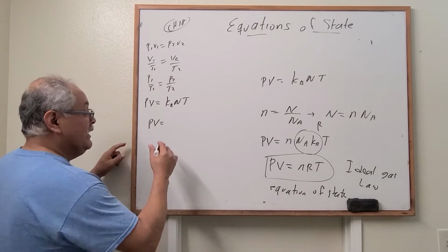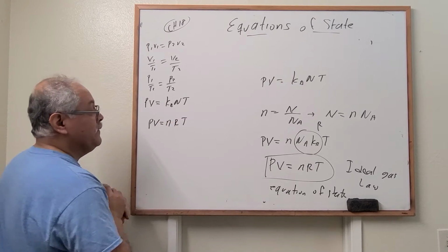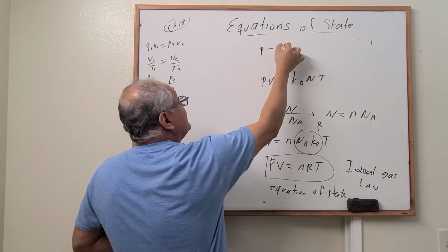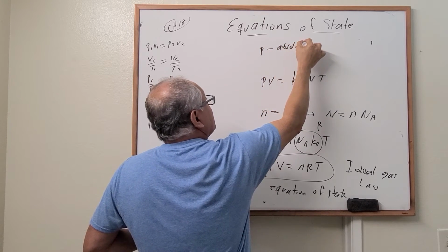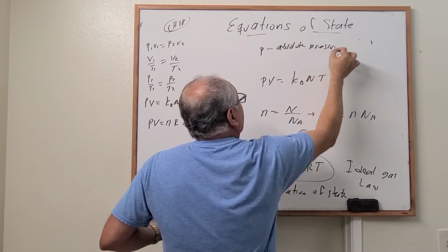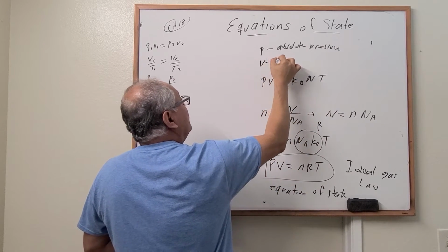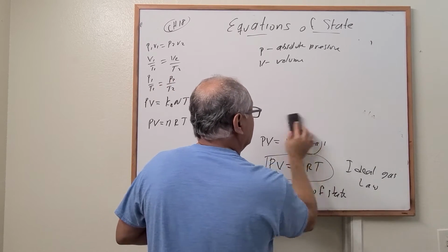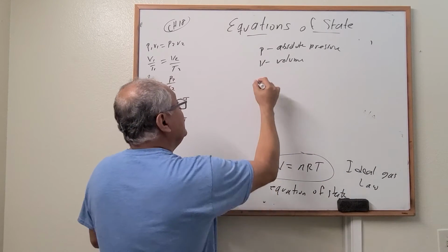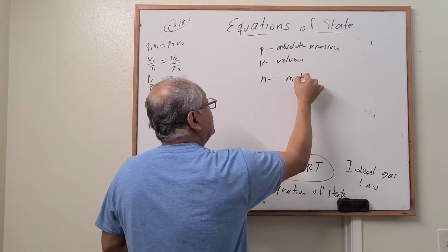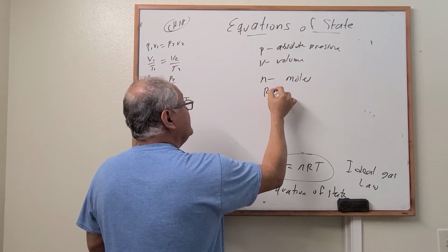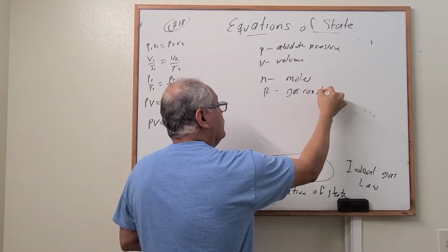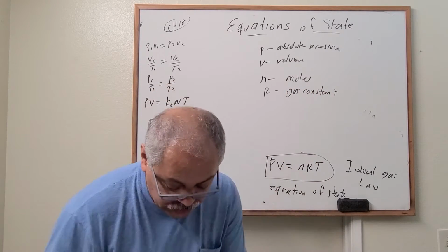In this case, we know that pressure is absolute pressure, V is the volume, n is the number of moles, R is the gas constant or universal gas constant.